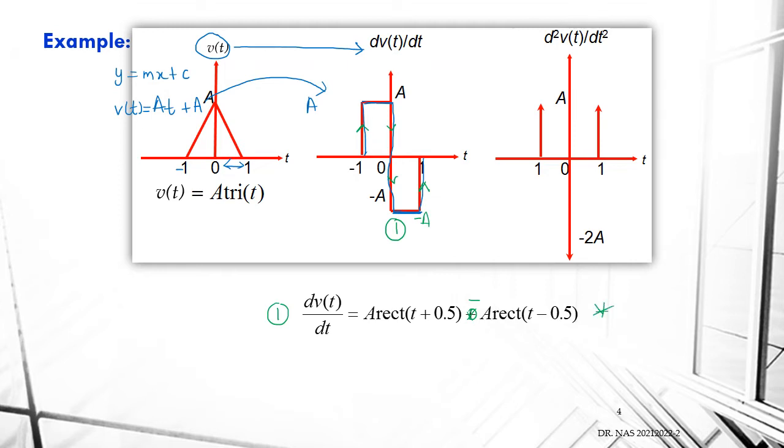Go back to the basic rectangular signal, with positive 0.5 and negative 0.5, and the amplitude is A. So this is rect(t over tau), which is equal to rect(t), in which tau is the width of the rectangular, so the width is 1.